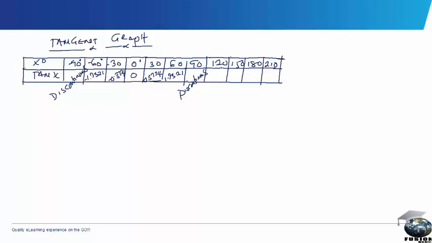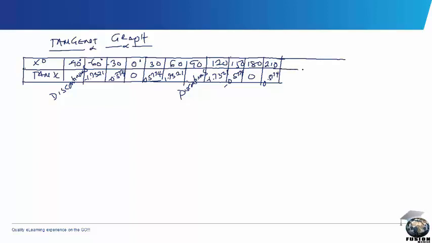At 120 it is minus 1.7321, at 150 it is minus 0.5774, and then at 180 it is 0, at 210 you have 0.5774. Then the other points we need to fit in here so that we can understand better what we're talking about.